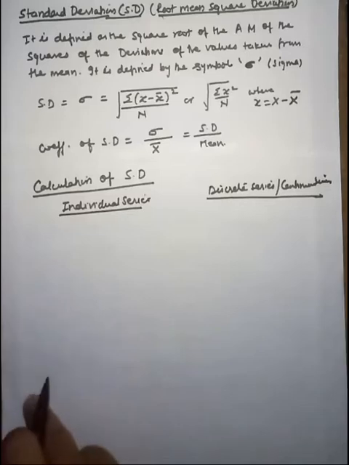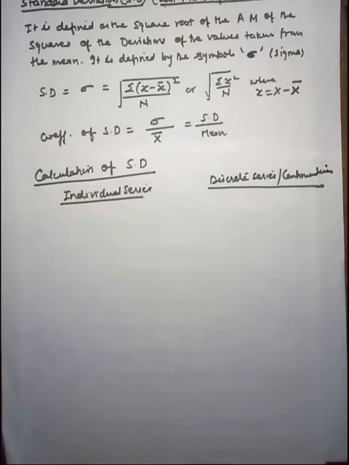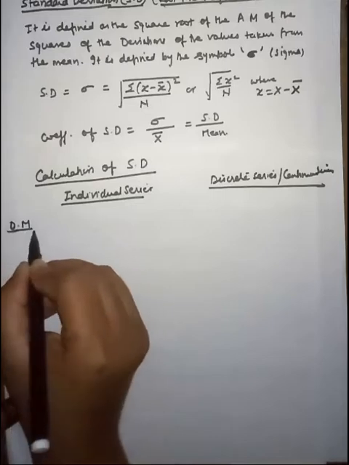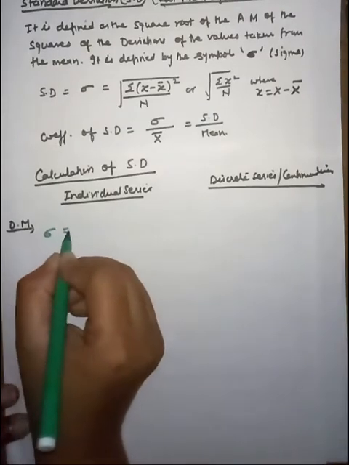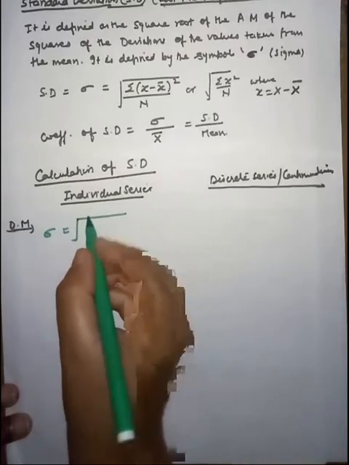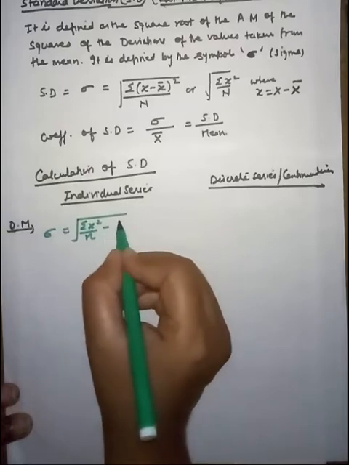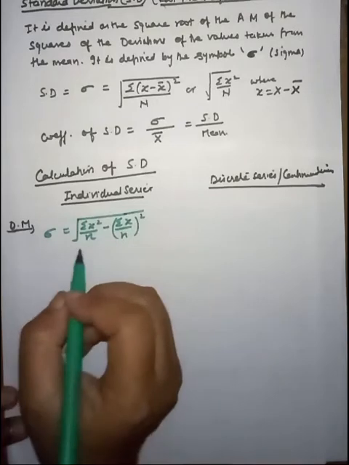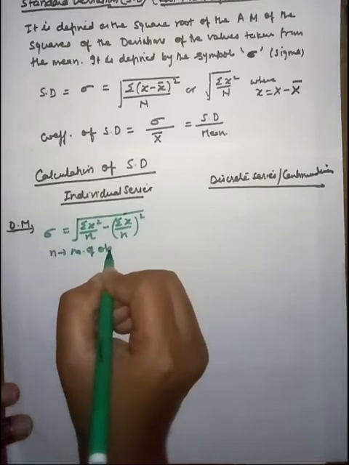I define all three methods based on formula. First, the direct method. For the direct method, the formula is sigma equals the square root of summation x square upon small n minus summation x upon n whole square, where n is the number of observations.